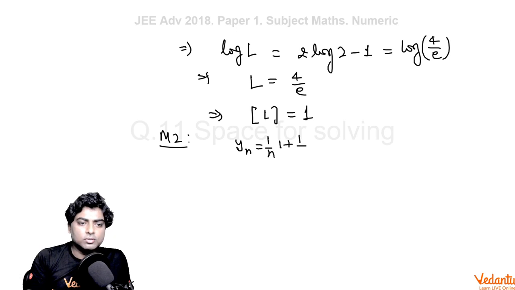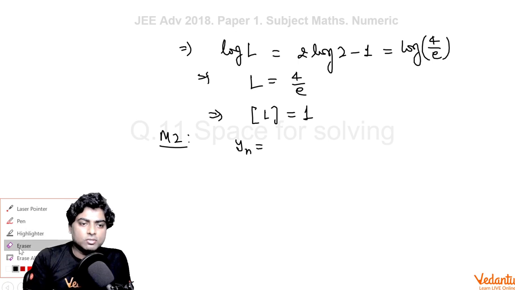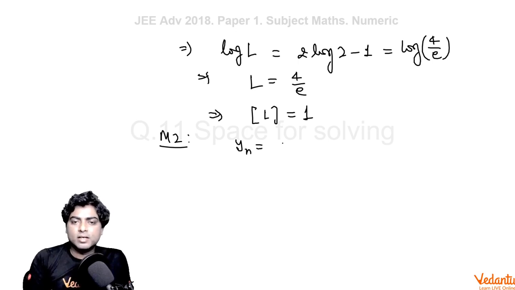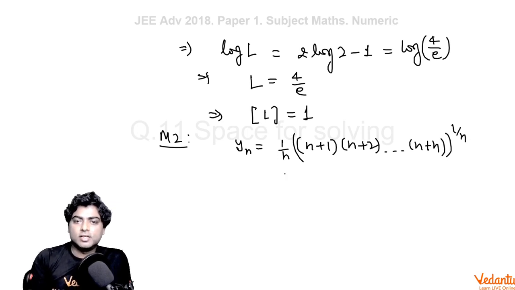So I'll show you how we can get the final value without finding L here. The answer can easily be tracked. Like, yn is given as 1 by n, n plus 1, n plus 2, till n plus n, whole raised to the power 1 by n, right?